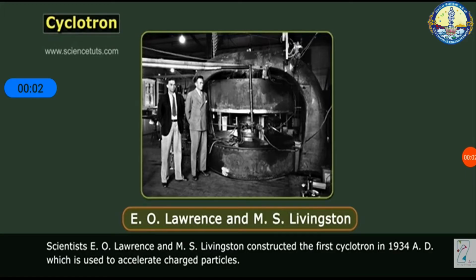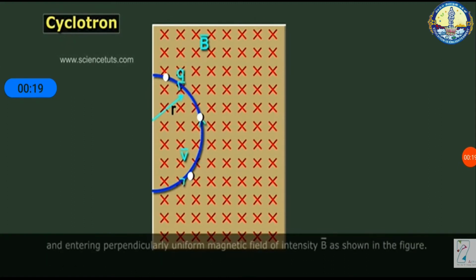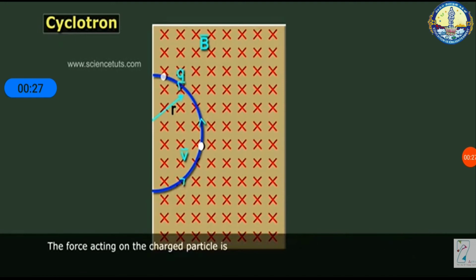Cyclotron. Scientists Lawrence and Livingston constructed the first cyclotron in 1934, which is used to accelerate charged particles. To understand how a cyclotron works, consider the motion of a positively charged particle moving with velocity v and entering perpendicularly a uniform magnetic field of intensity B as shown in this figure.